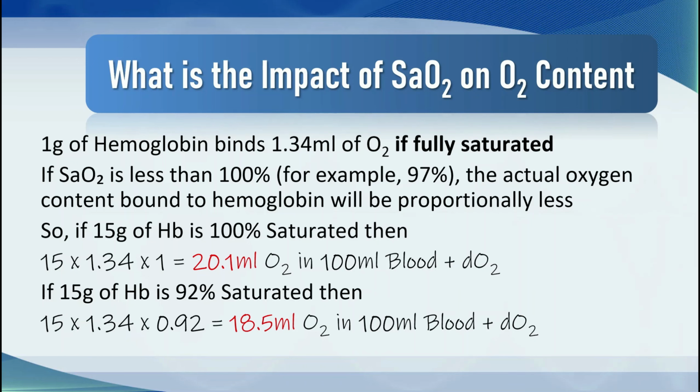So any reduction in the saturation has a direct proportional impact on the oxyhemoglobin content of blood, and that can be quite devastating. So if a patient goes from, for example, 100% to 85%, there is a dramatic fall in the oxygen content in blood, and it's higher than you might imagine, as we will discuss in the next tutorial.